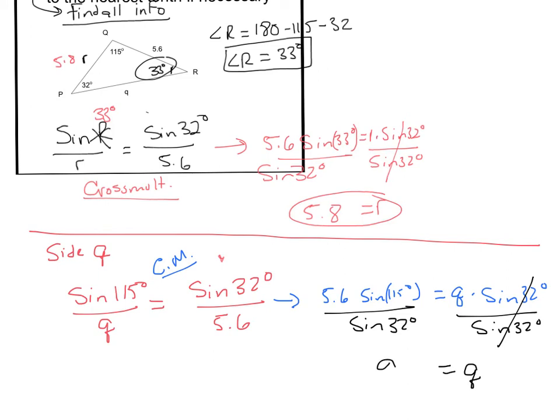Those cancel out, and I get 9.6. This is a very easy formula, and once you start practicing it, it's not difficult to work with. So we found angle R, side r, and side q, and that's how we can use the law of sines to solve a triangle.